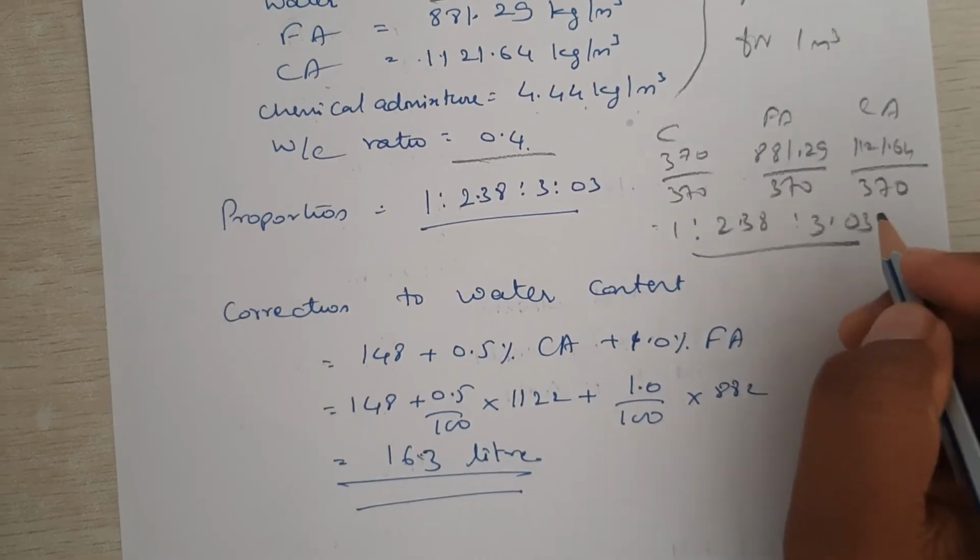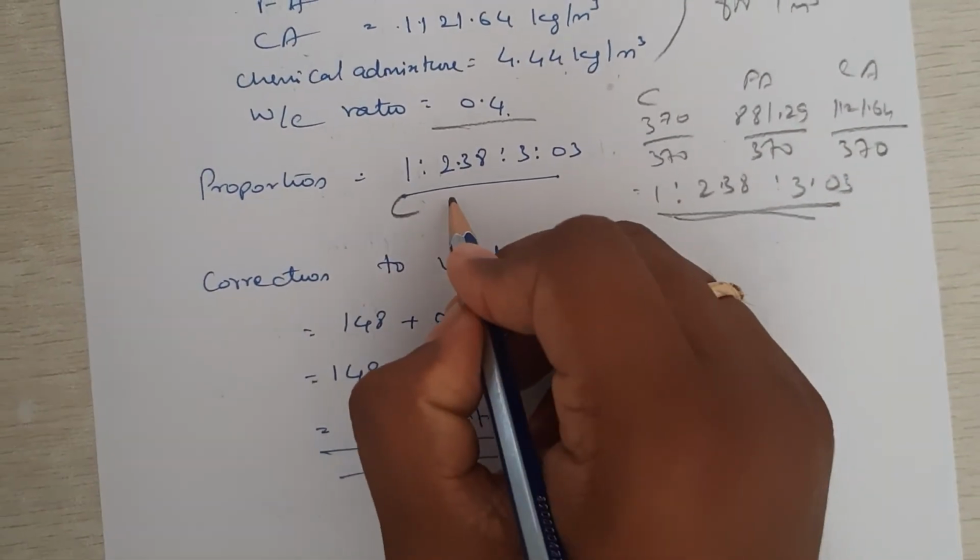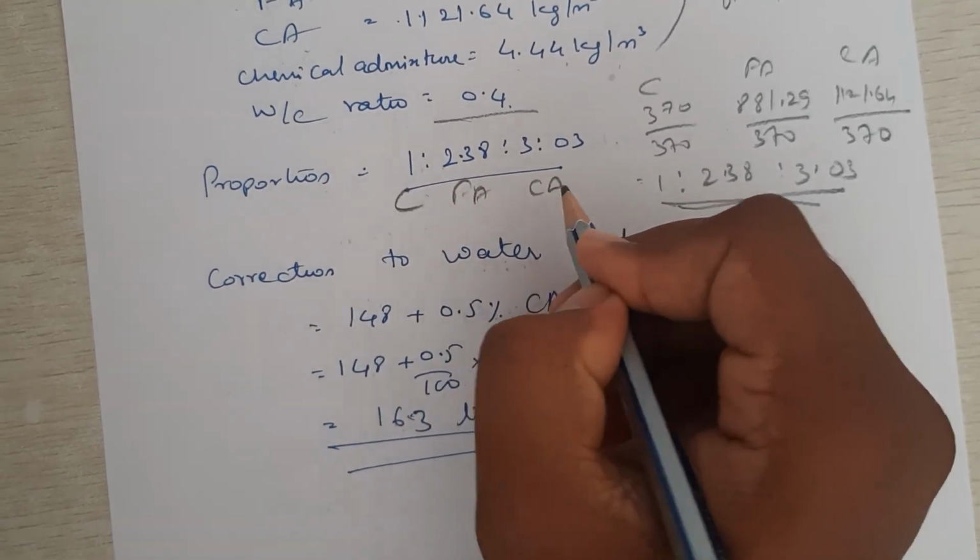So this is how we will calculate the proportioning of the cement, fine aggregate, and coarse aggregate.